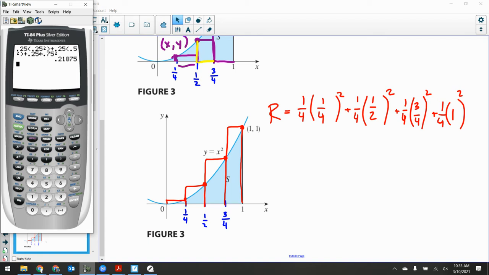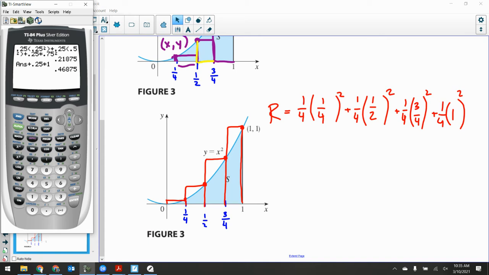Okay, that gives me 0.25 times 0.25 squared. Again, why am I using parentheses? Plus 0.25 times... do I even need to do this calculation? Look at all this. That's the first term, that's the second term, that's the third term, plus 0.25 times 1 squared, or just 1, right?